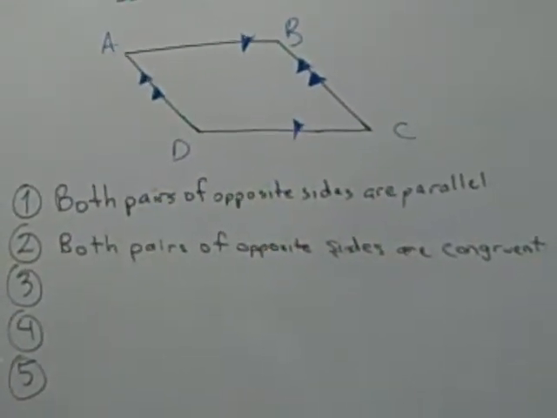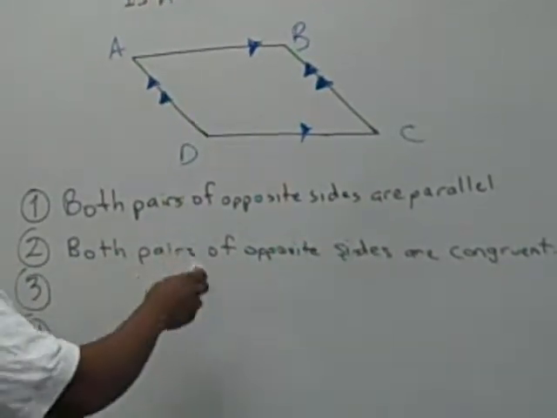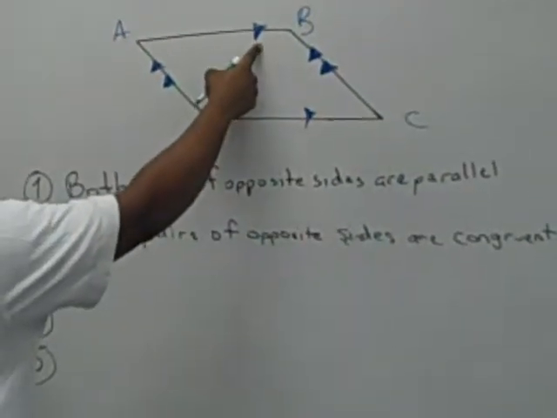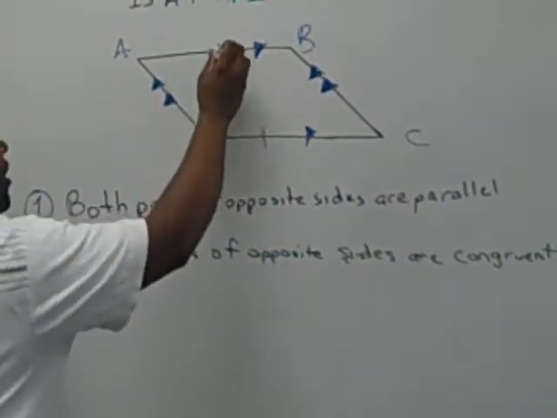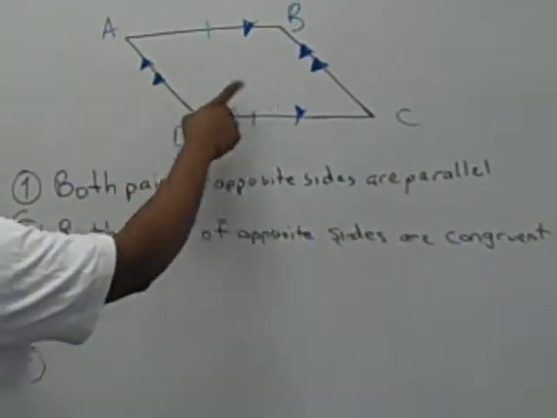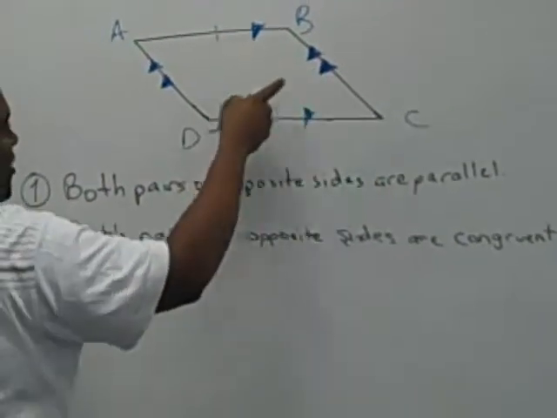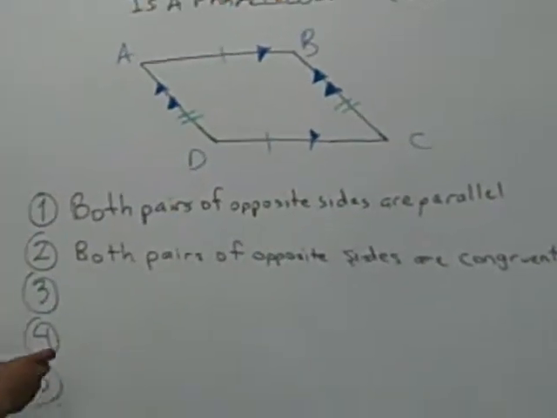That's right. We just mark it off using little dashes. Since I used one mark for parallel on these two sides, I'm going to do one mark of congruence on those sides as well. And since I did two on each of these, they're opposites, I'm going to mark that twice.